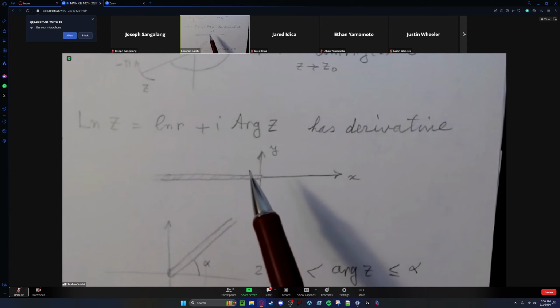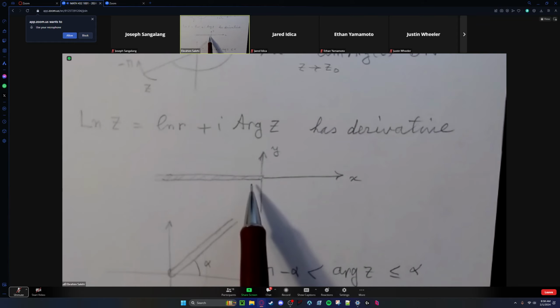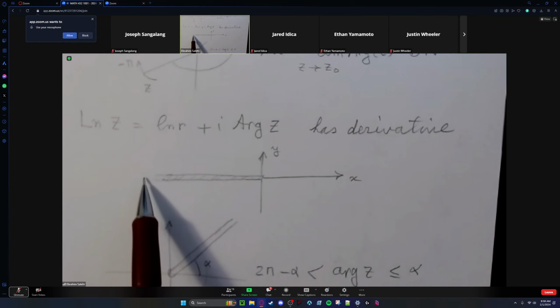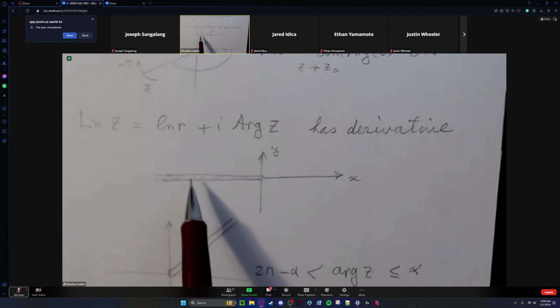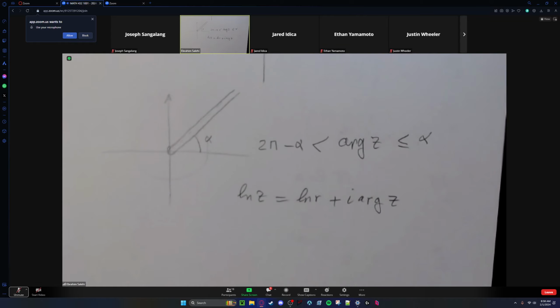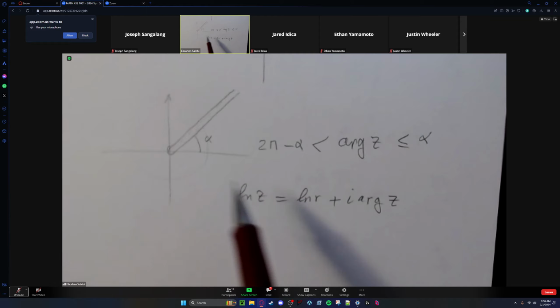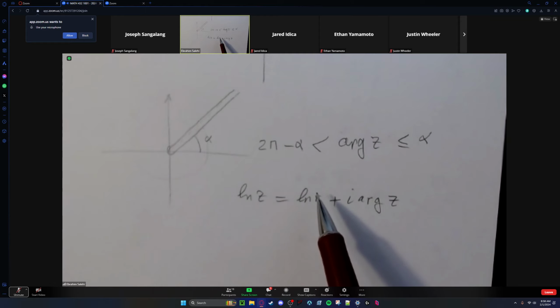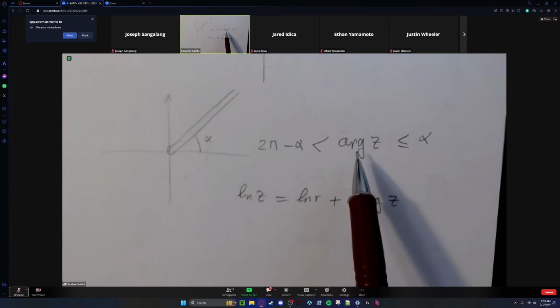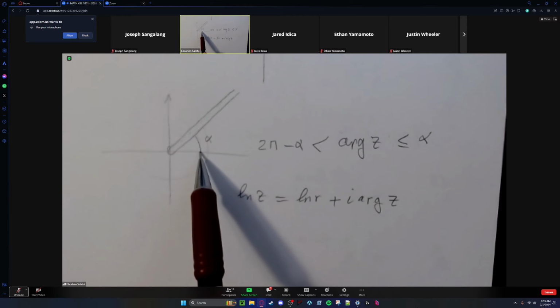Okay. All right. This is called a branch cut. We can talk about a logarithm in general and have a branch cut like this, and always say, okay, I want the argument to be between alpha and, going the other way, alpha plus 2 pi.